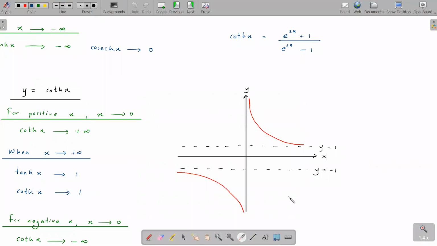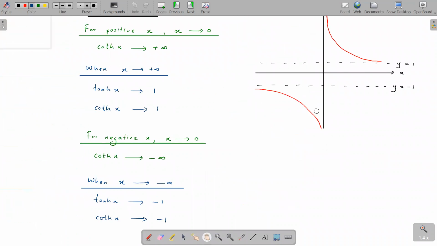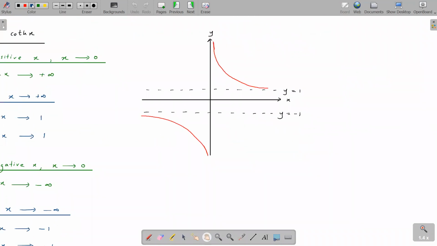I went through them, the sketch as well as the exact shape by using this. Okay, guys. And then coming back over here, what about the range? Right, so what about the range of y values? You can see the coth graph is greater than 1, because your y values are greater than 1, or the graph can be less than minus 1.